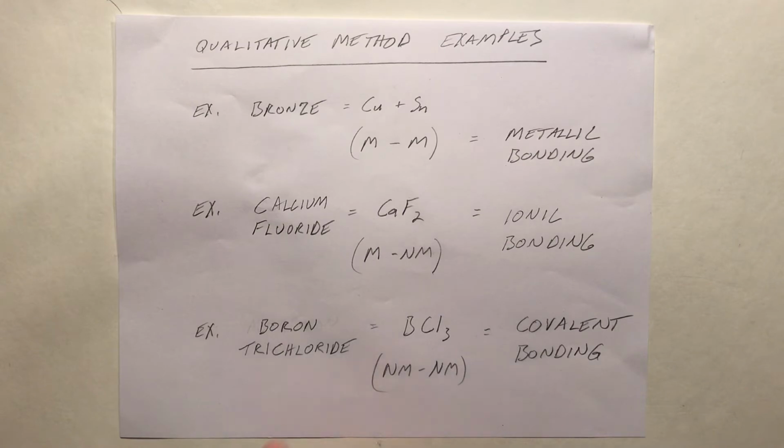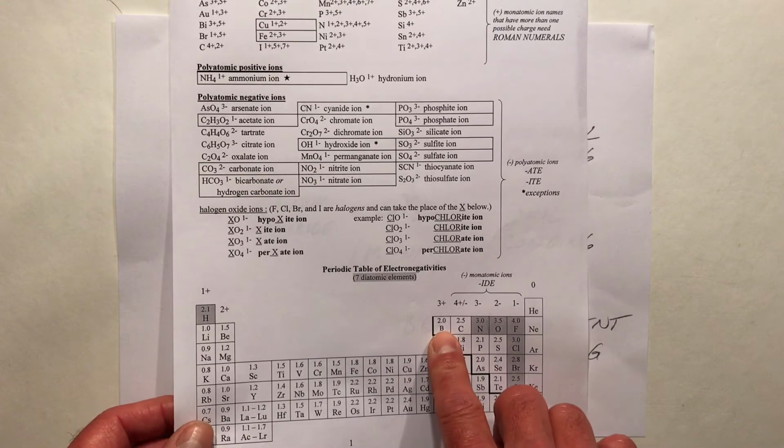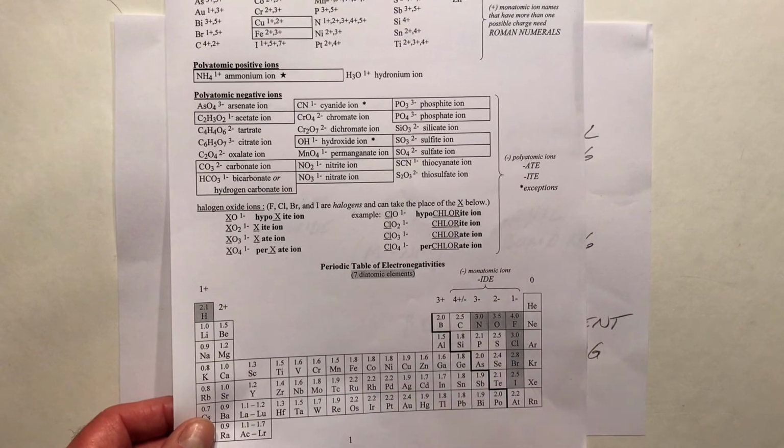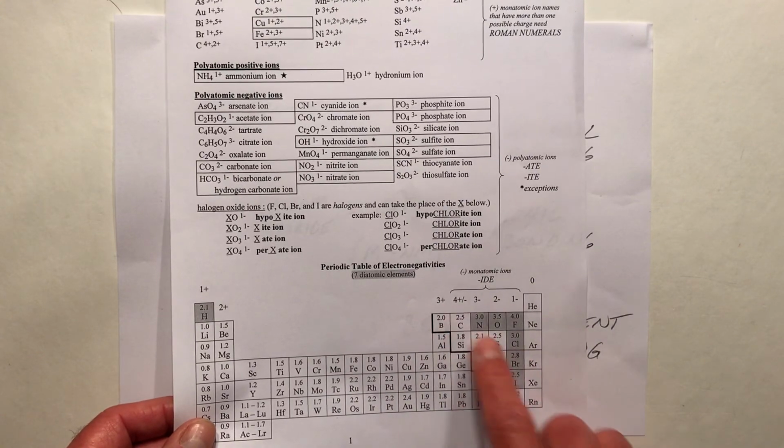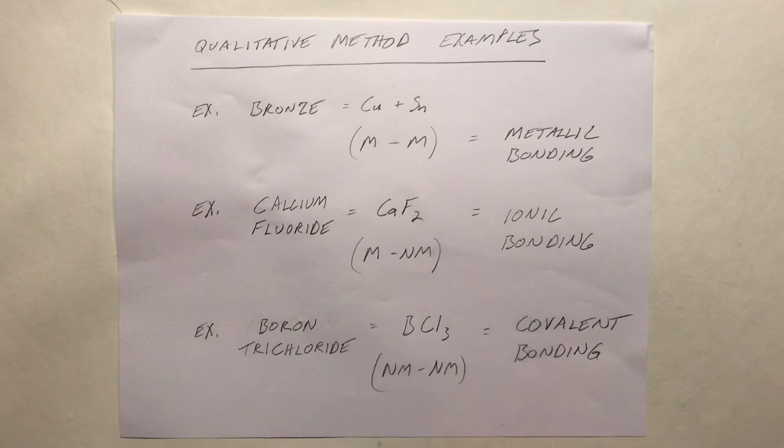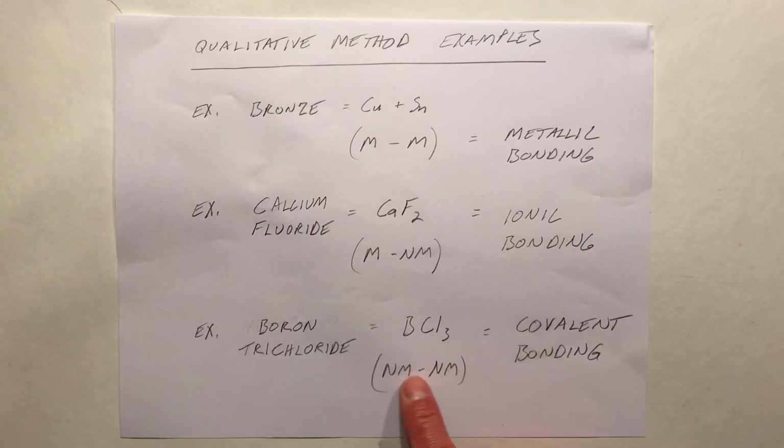Let's take a look at a third example, boron trichloride, or BCl3. Notice that boron is on the right-hand side of the zigzag line, and so is chlorine. So they're both nonmetals. So if you have a nonmetal with high electronegativity and another nonmetal with high electronegativity, what we're going to see happen there is that they both pull on the bonding electrons.